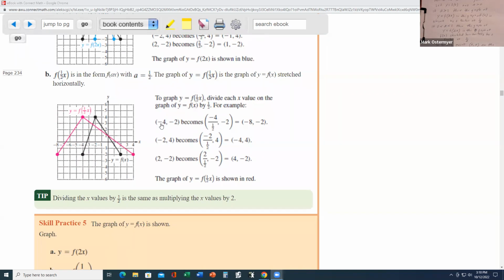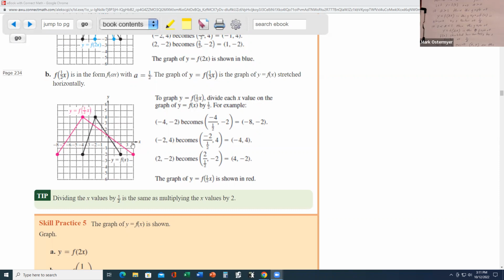Because if you look at the point (-4, -2), which is on the graph of the original function f(x), its x coordinate is going to be -4 divided by 1/2, which literally becomes -8 now. So therefore, this point (-4, -2) on the graph of the original parent function now becomes the new point (-8, -2) on the graph of this new function f(1/2 x).